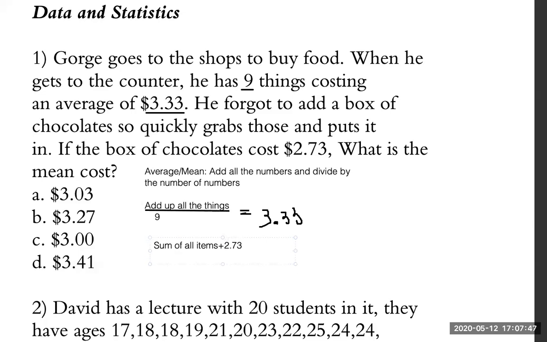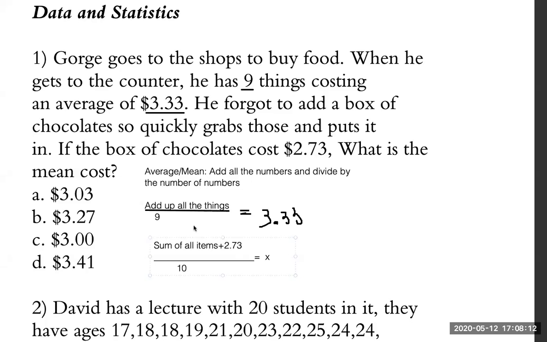And now it's divided by 10, because 9 plus 1 is equal to 10. And now this is equal to x. We don't know what it is equal to, correct?